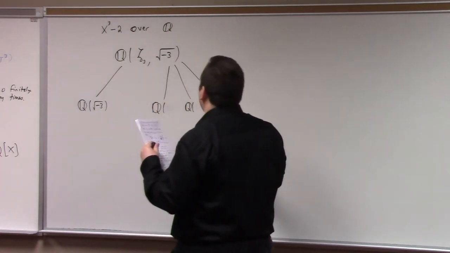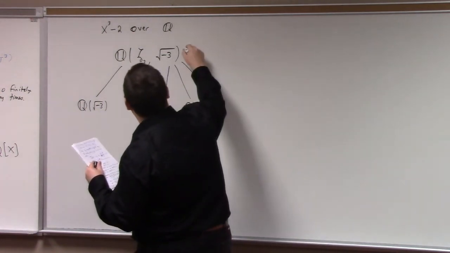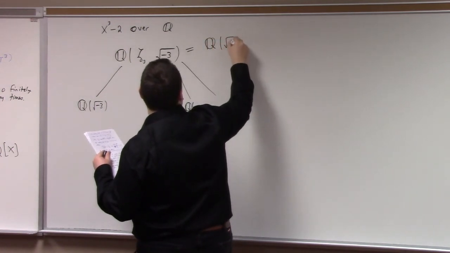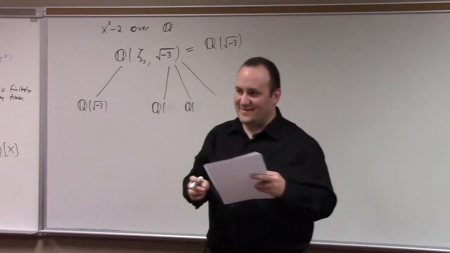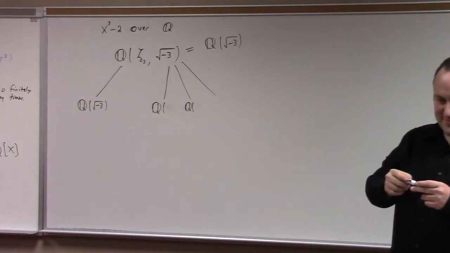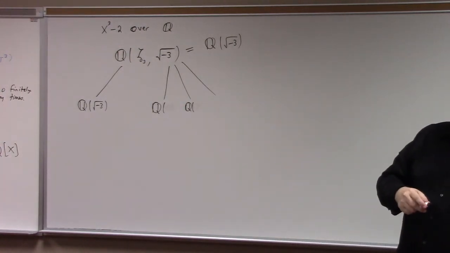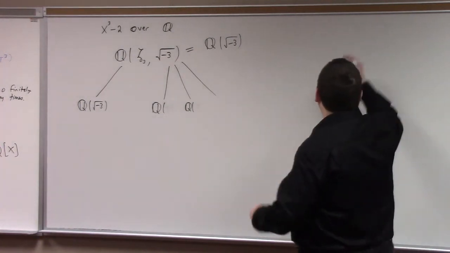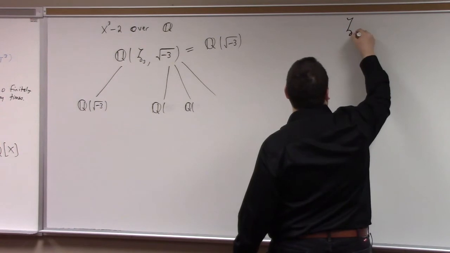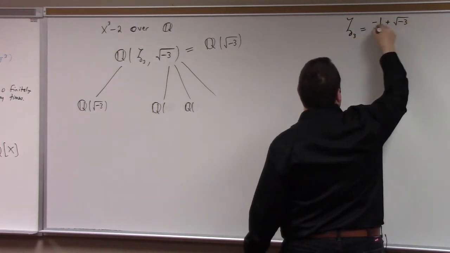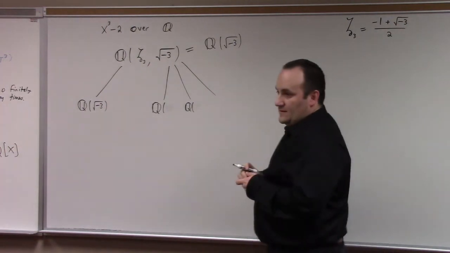One of the things we learned last time was that this was equal to this, right? Those in fact are the same field. I mean, the third root of unity, remember, is minus 1 plus the square root of minus 3, over 2.